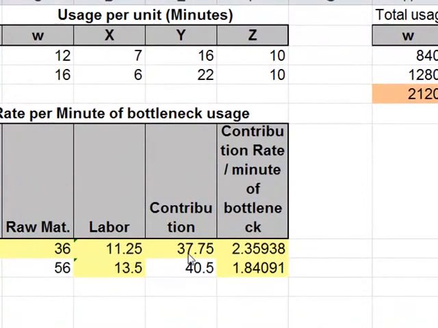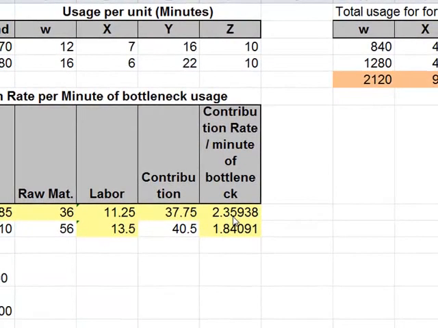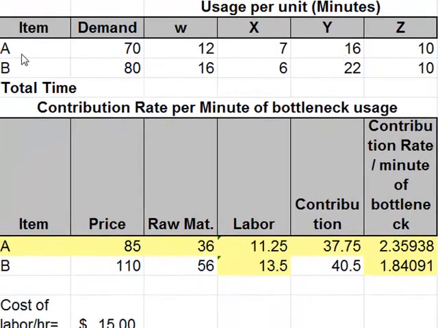So 37.75 divided by 16 will give you $2.35. That means you are generating $2.35 of contribution per minute of resource Y for making item A.